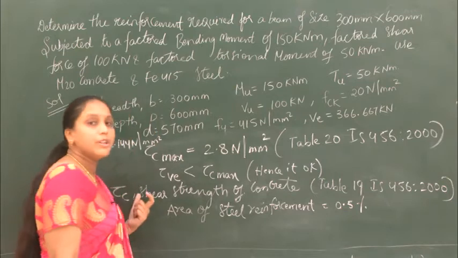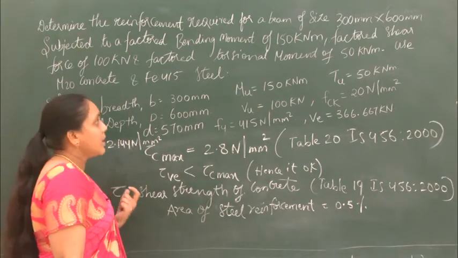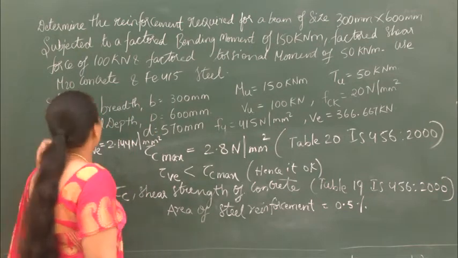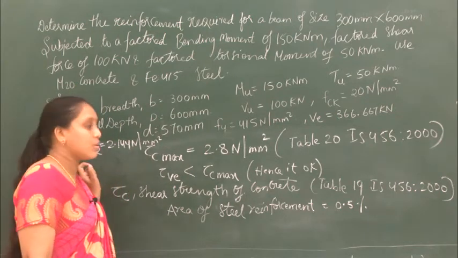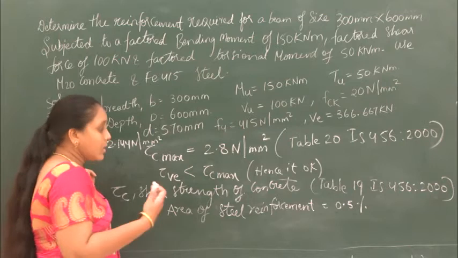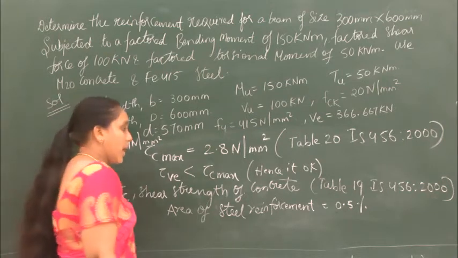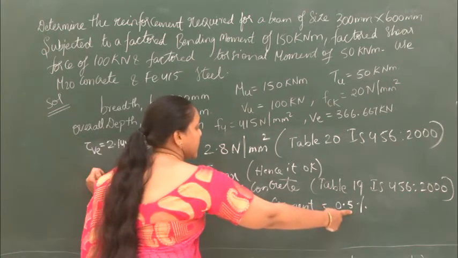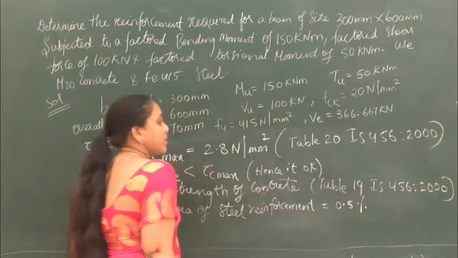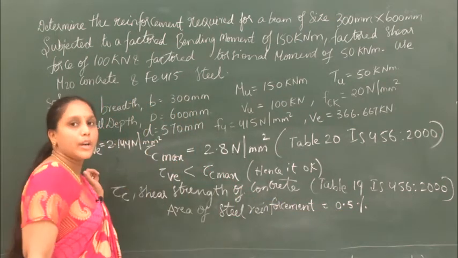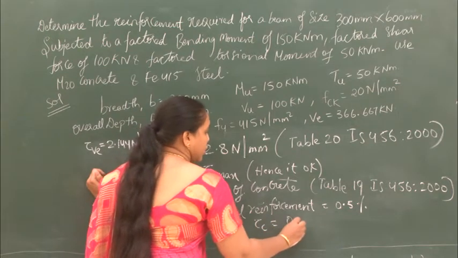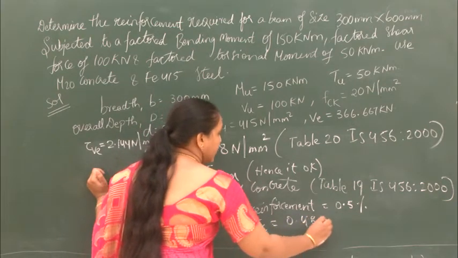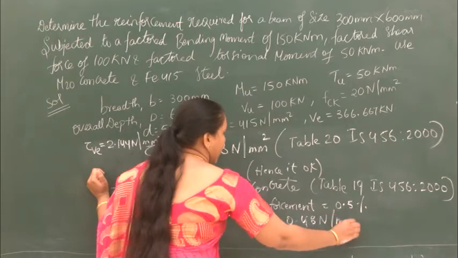Now for 0.5% and the grade of concrete M20, from table 19 of IS 456-2000, I am taking the tau C value. So for this percentage area of steel of 0.5% and for M20, the tau C value will be 0.48 Newton per mm square.